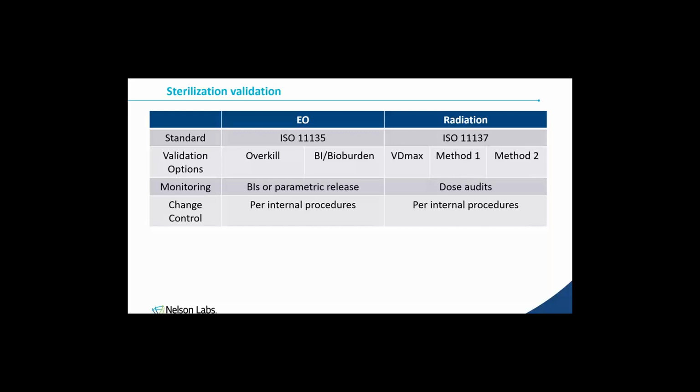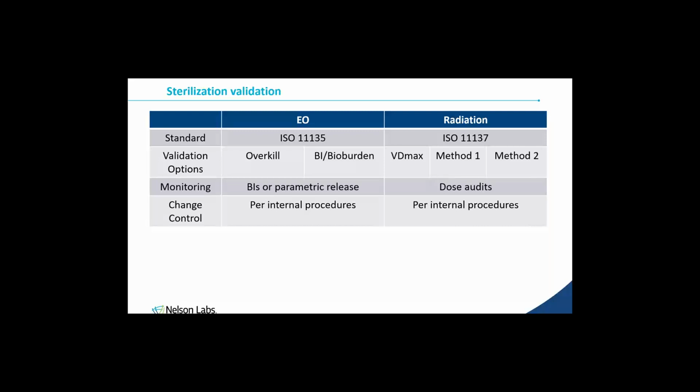For radiation, monitoring looks like your dose audits. Previously, and common in the industry, we would refer to those as quarterly dose audits. We're trying to get away from that name, as there's some misunderstanding there. But the long and the short of it is that we're using the test of sterility as part of the monitoring prescribed by the standard.